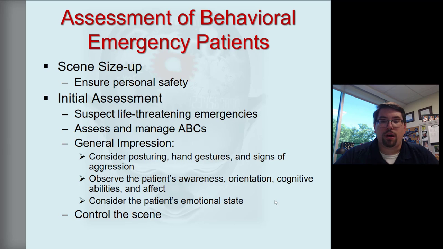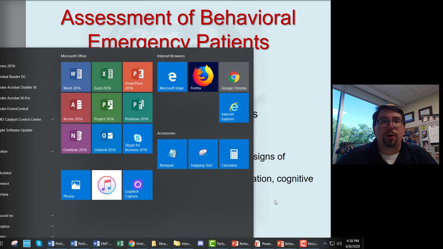We want to try to have a sense of their visible indicators of their mood. These could include things like posturing or hand gestures, signs of aggression. We want to, again, observe their awareness, their orientation, their cognitive abilities and affect, and then consider the patient's emotional state.